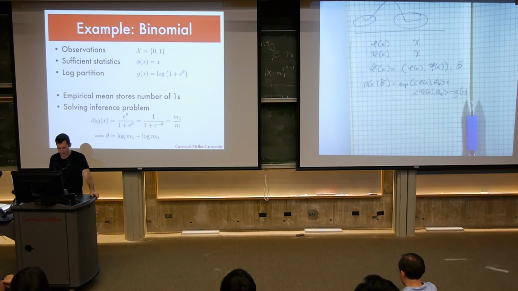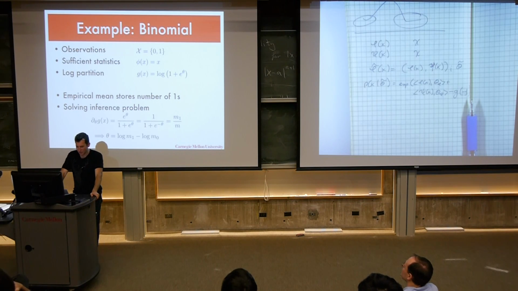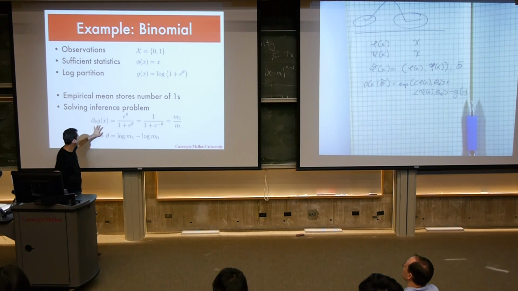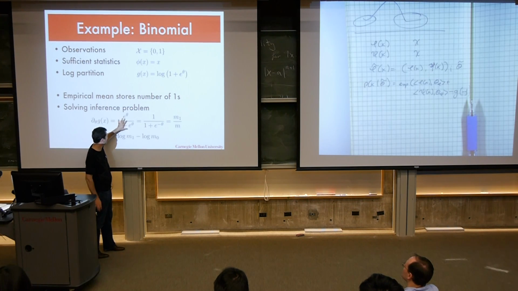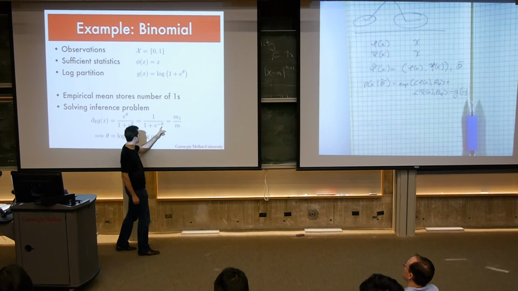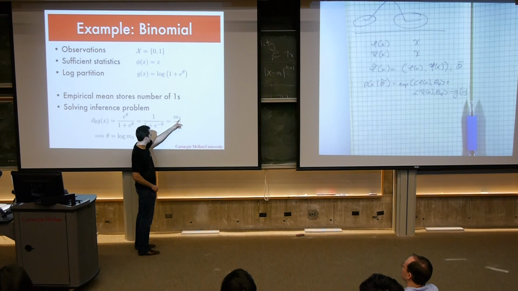So let's go through a simple example. Observations are 0, 1. The sufficient statistic phi of x is x. The log partition is log of 1 plus e to the theta. And so solving the inference problem, the derivative of g of theta is this quantity here, 1 over 1 plus e to the minus theta. That's the number of 1s divided by the total number of observations.